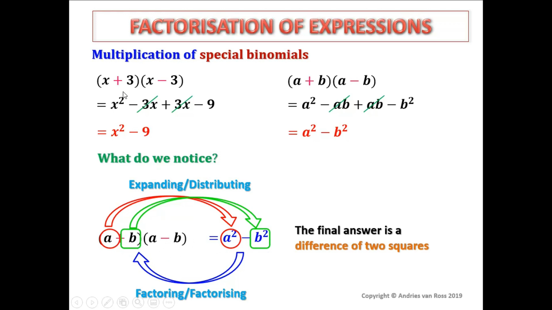Because that is what we've seen when we actually multiply. Now we know how to factorize the difference of squares. So this is the second way of factorizing. So let's continue and see how we do the exercises with the difference of two squares.